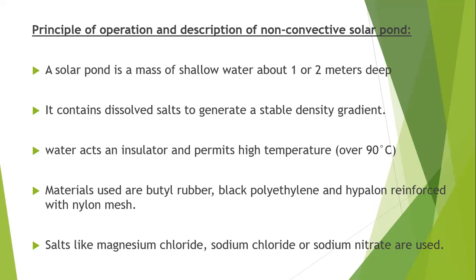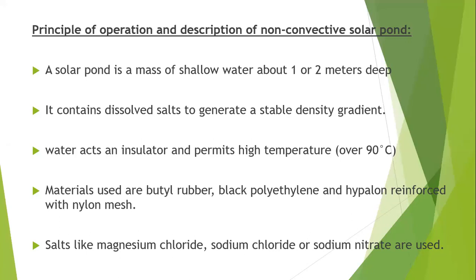When we add the salt, thermal expansion in the hotter layers is insufficient to destabilize the pond. The denser, warmer water which gets heated at the bottom cannot rise up. So heat is lost only from the lower layers, and the process is by conduction only.